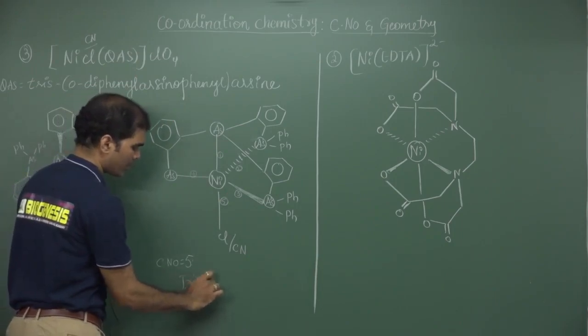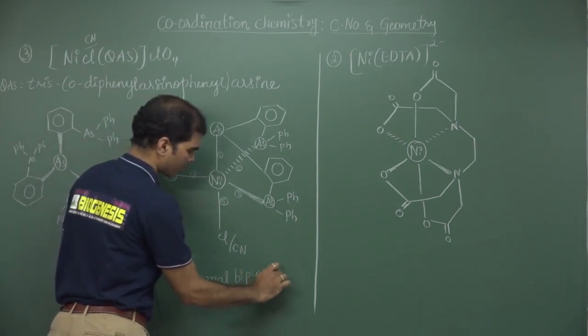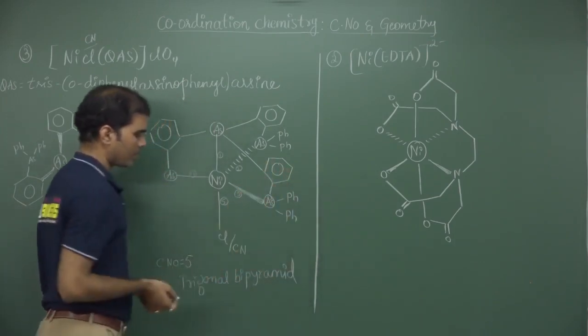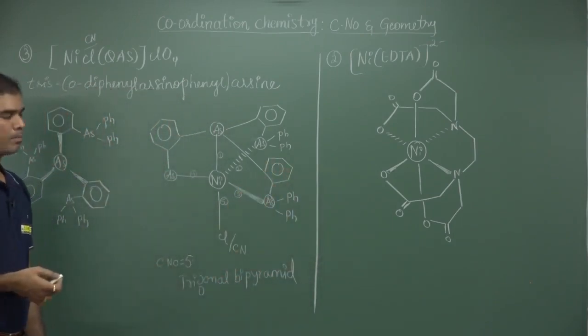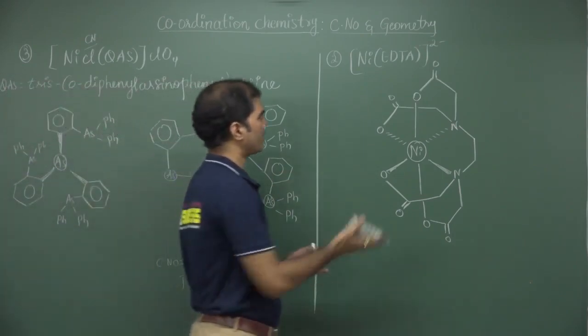In the previous case it was square pyramidal, but now in this case it is a trigonal bipyramidal one. That is the difference between the previous one and this one.